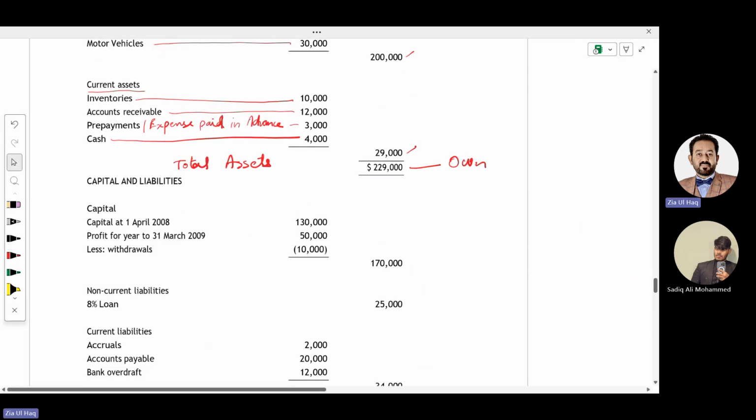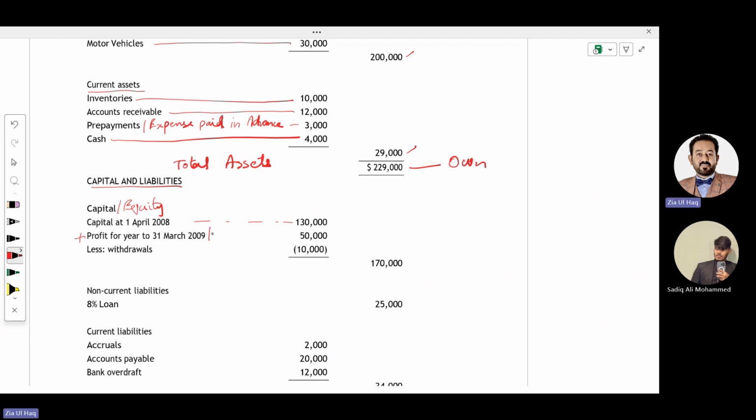And the second part, we will start from capital. Capital means equity. Capital and liabilities we are recording now. So first we record capital, meaning equity. The capital at the start of the year, what the owner invested into the business, was this. During the year, what profit the company has made, we will add there.